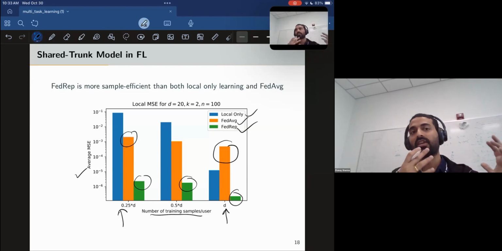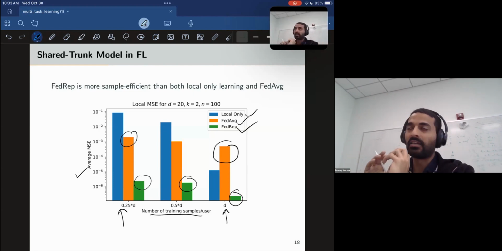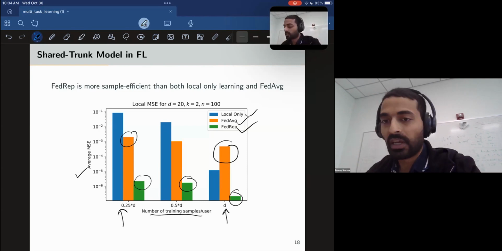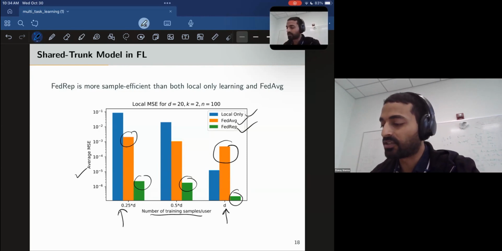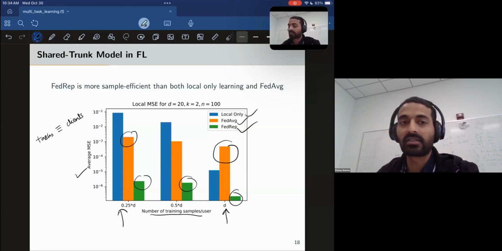So this was the shared trunk architecture adapted to the federated setting. And you can think of in this setting, we are interpreting individual clients as individual tasks. So in a lot of discussion today, we'll see that there is this correspondence between clients and tasks.